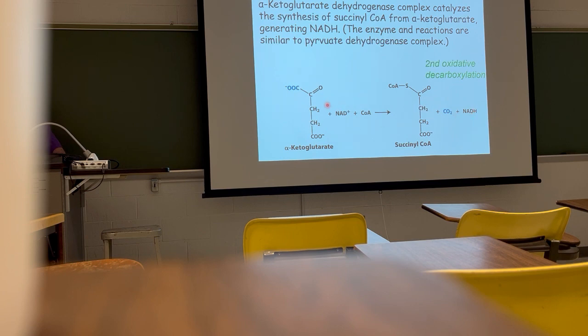And this ketone now is converted to a carboxylic acid that's forming a thiol ester with coenzyme A. So coenzyme A comes back into the picture again, forming a bond with this 4-carbon molecule now, succinyl-CoA. This is another oxidative decarboxylation and another important regulatory step in the citric acid cycle.